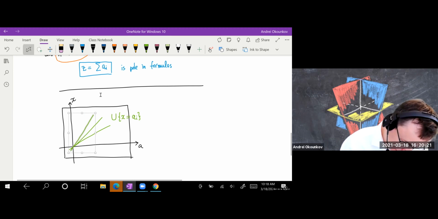Let me try it. I don't know why it doesn't. Oh, here. So let me take this. I apologize. My whiteboard skills are somehow failing here.